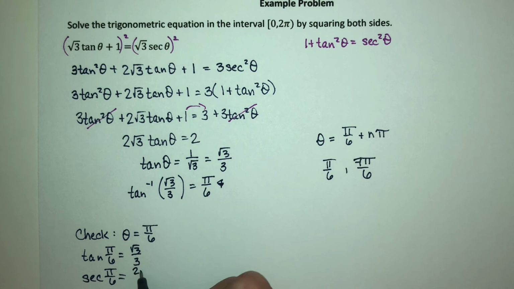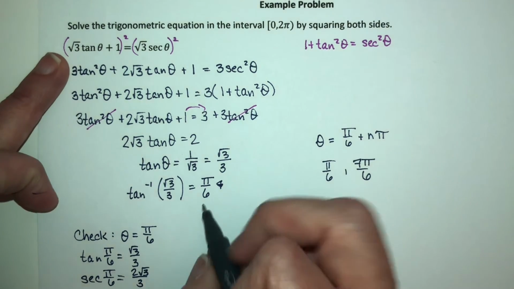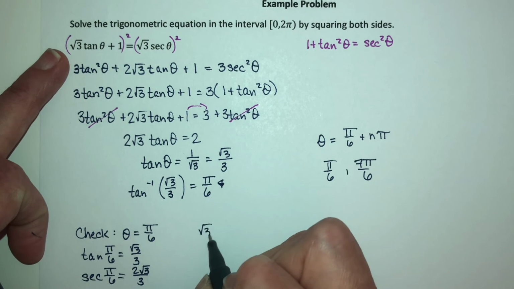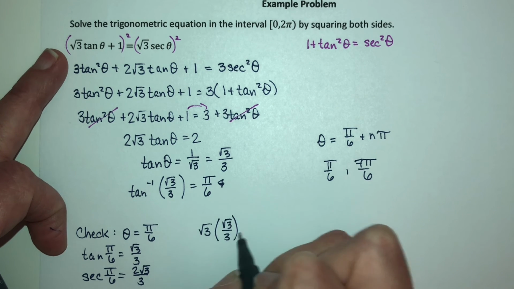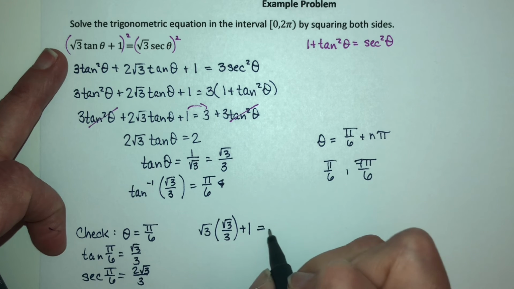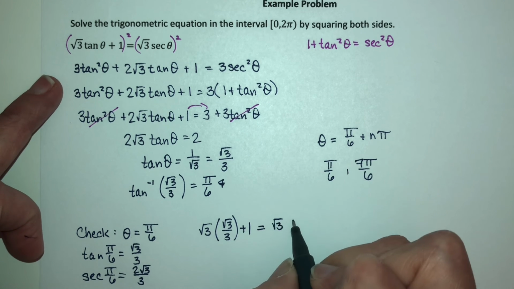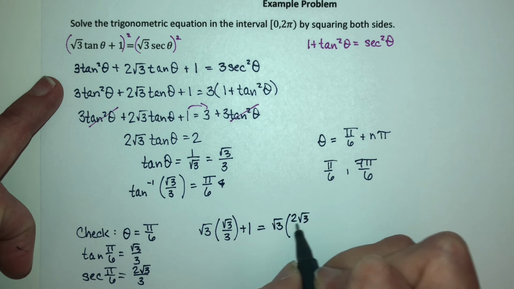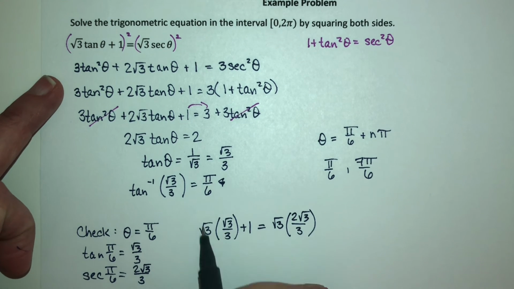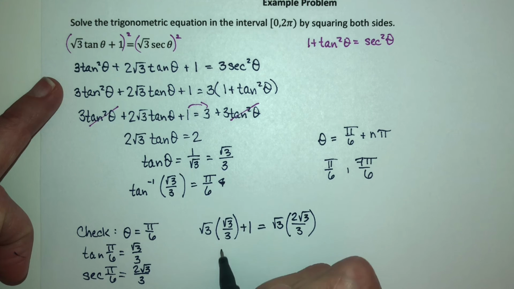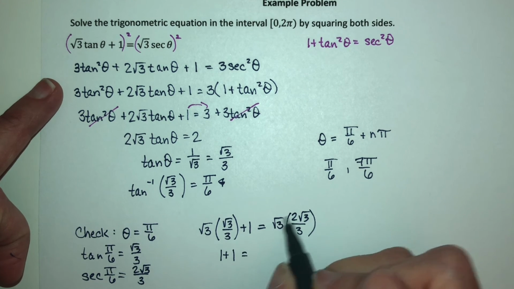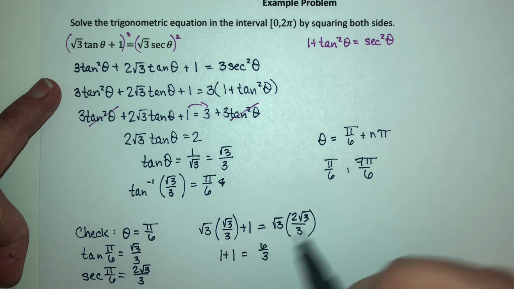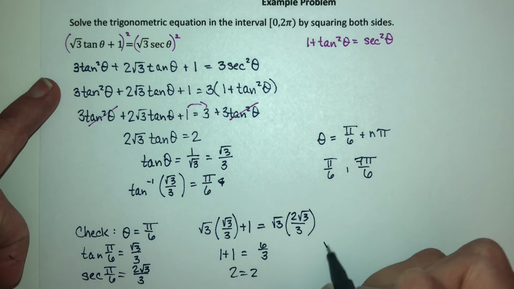And this is 2 square root 3 over 3. So plugging that in up here, I have square root of 3 times square root 3 over 3 plus 1. And I'm hoping that is equal to the square root of 3 times 2 square root 3 over 3. 3 over 3 is 1, so I have 1 plus 1 here. And this ends up being 6 over 3, and I have 2 equal to 2. So that one works.